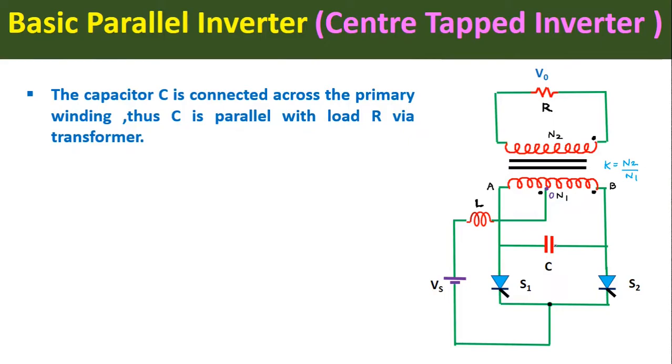The capacitor is connected across the primary winding of the transformer, and the capacitor voltage is applied across this load resistor R through this transformer.